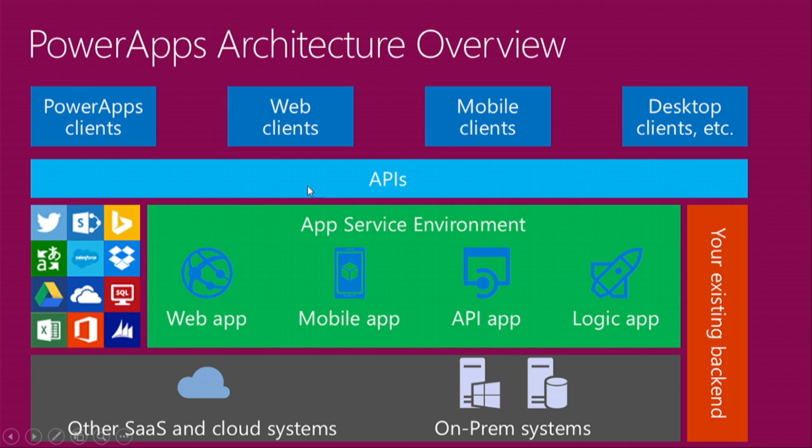And on top of that, we're exposing all these APIs in a unified way so that clients like PowerApps, web apps, mobile apps, and even desktop apps can use them very easily. And then in the bottom, all these APIs, all these apps, we allow them to connect to SaaS systems or cloud systems, as well as your on-premises system. So it's very, very powerful here.